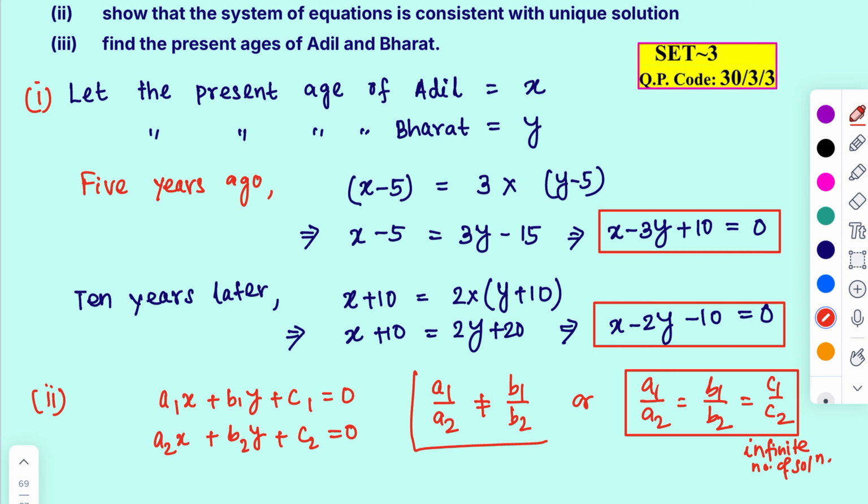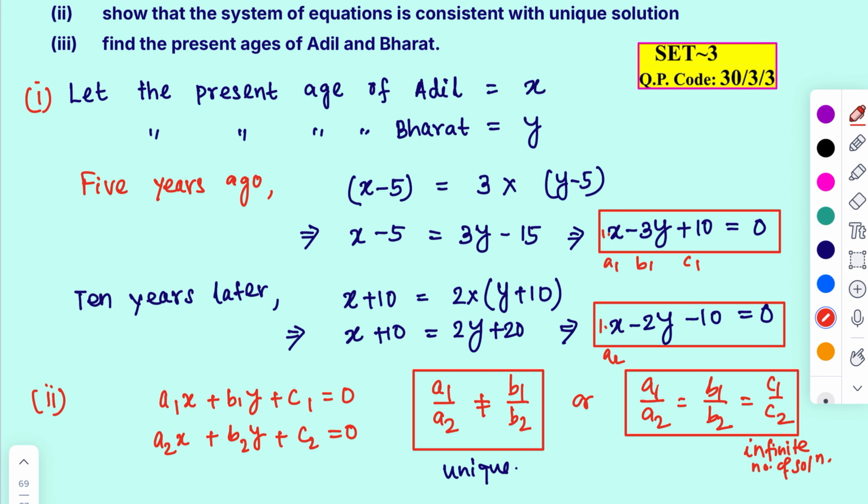This is for unique solution, which actually we need here. So here, if you compare, you will take this as a1, minus 1 is a1, minus 3 is b1, and plus 10 is c1.